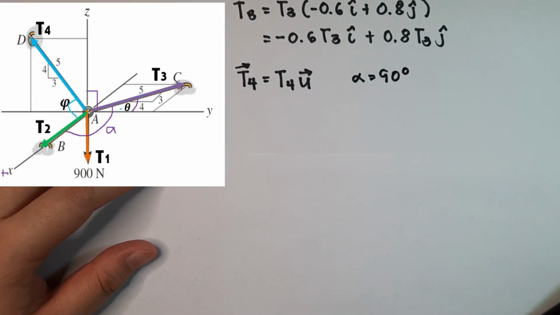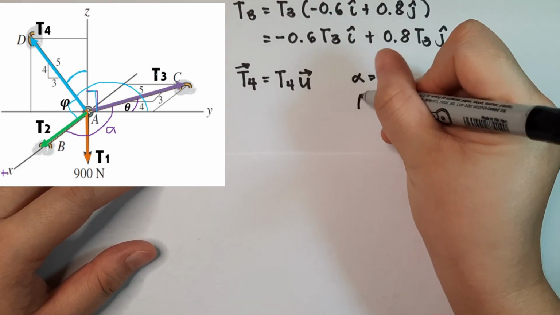While for positive y, what is the angle of T4 from positive y? This is positive y going to T4. So I can say that is 90 degrees plus this angle. If this is phi, 57.13, then this angle is 36.87.